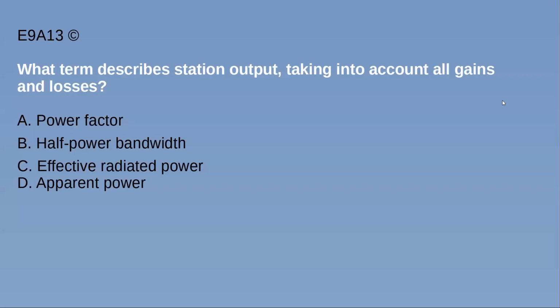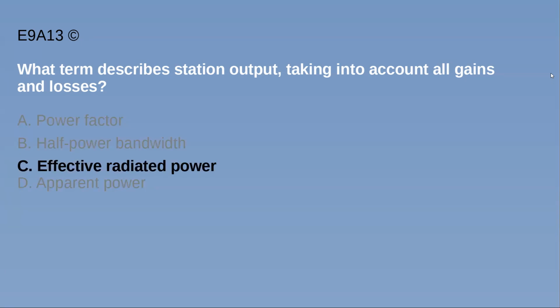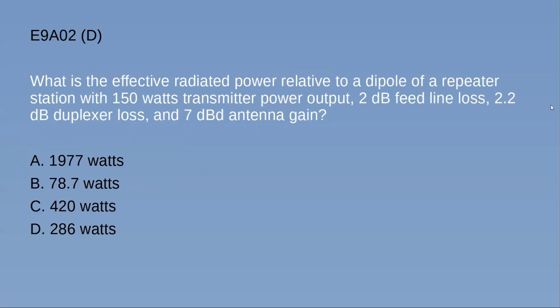Okay, so what term describes station output, taking into account all gains and losses? What's the effective radiated power relative to a dipole of a repeater with 150 watts, 2 dB feed line loss, 2.2 dB duplexer loss, and 7 dB antenna gain?